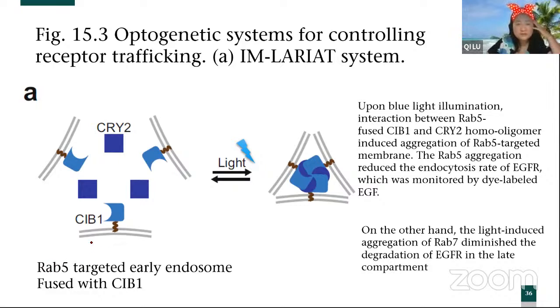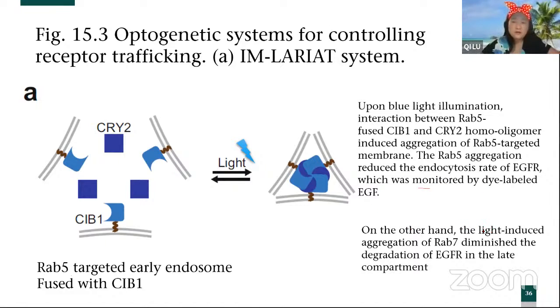Rab5 is expressed on these vesicles and endosomes, and these vesicles were fused with CIB1. After light stimulation, CIB1 will bind to CRY2, and then all these endosomes are clustered together. This segregation will reduce the endocytosis rate of EGFR, which will be monitored by dye-labeled EGF.